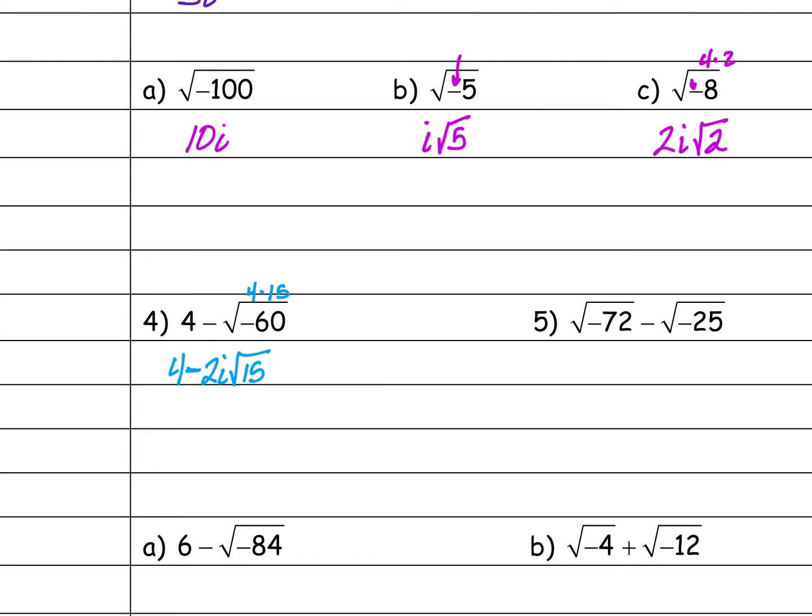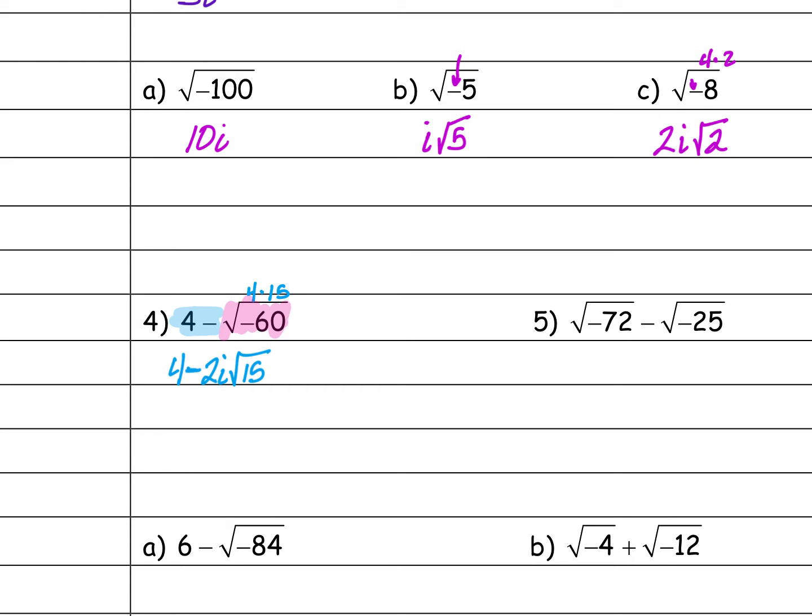Okay, which part? The 4 part. So honestly, when I'm doing this, I'm just going to ignore this part right here, because there's nothing to do with that part. It's already outside, so I'm not doing anything with that. I'm just dealing with the square root part, and I'm doing exactly what I did right above.